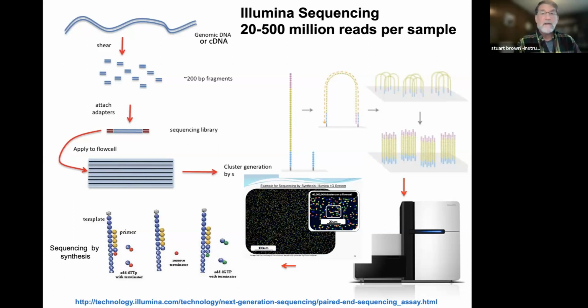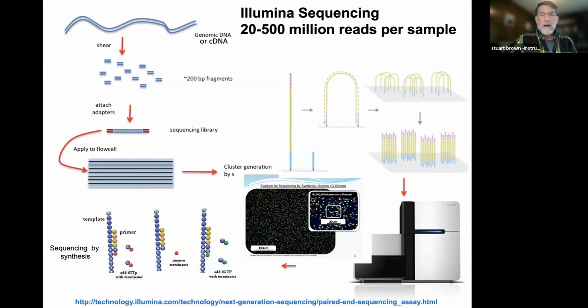So a given letter, an A, is added to every fragment all over the surface of this flow cell, and then it's detected, and which particular spots receive that A is recorded, and then a G is added, and the same thing happens, T and a C. So every spot should receive one of those four bases, and then the terminator is cleaved off, and another round of four bases is added, so that all of the fragments are sequenced step by step sequentially. One base is added to all the fragments, then another base.